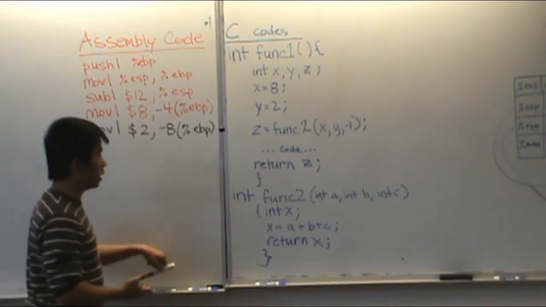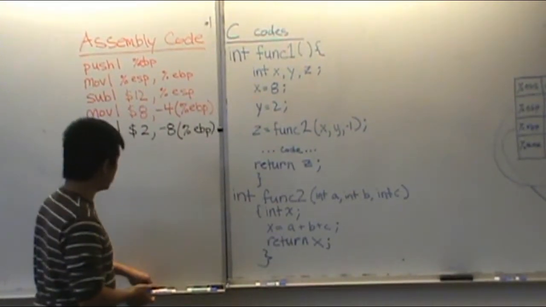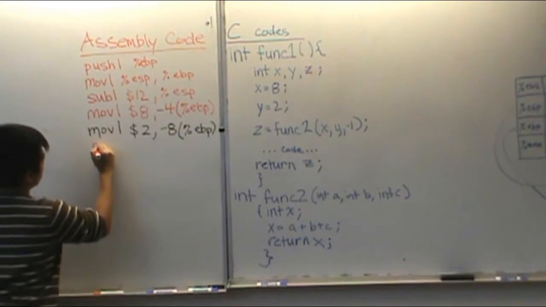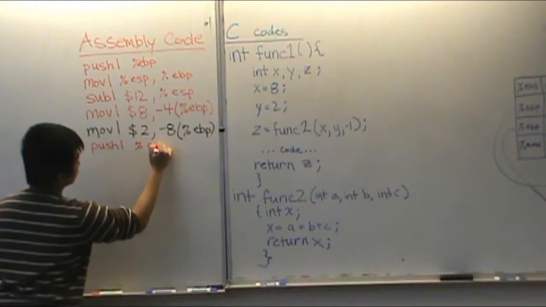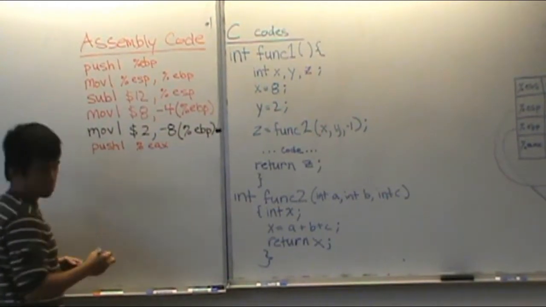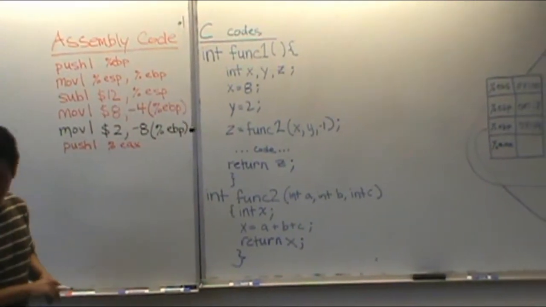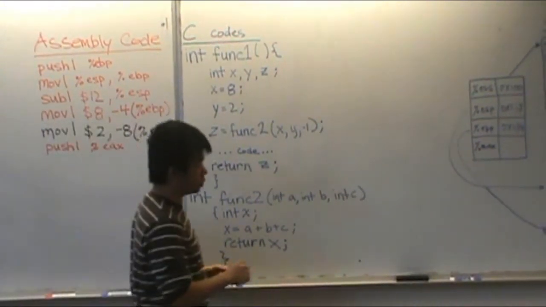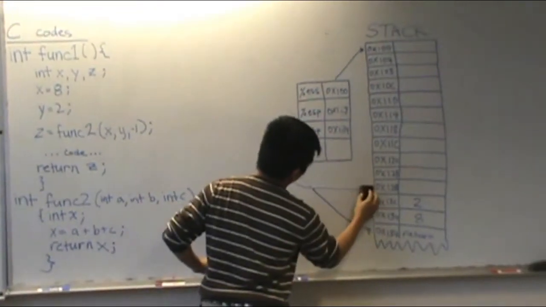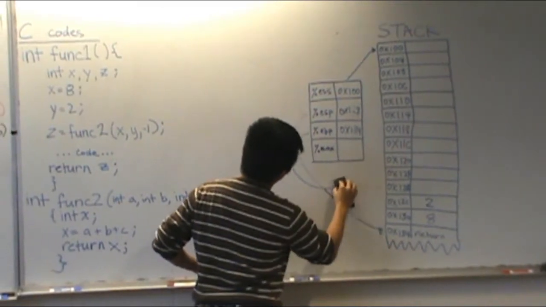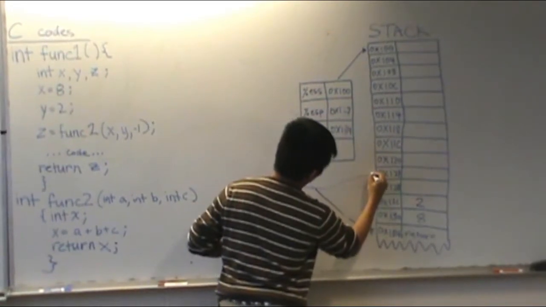Let's just assume we have something valuable in register A. So what you would do is push register A. Then it will store the value in register A. And every time you push, it will change the ESP to here.